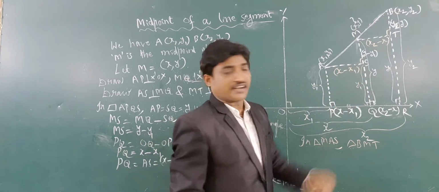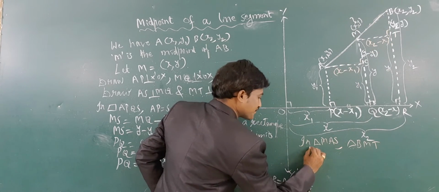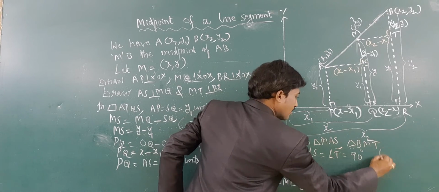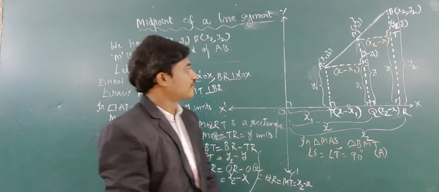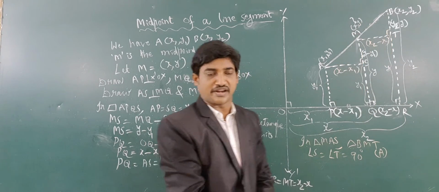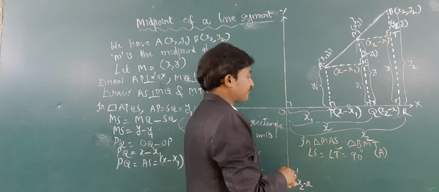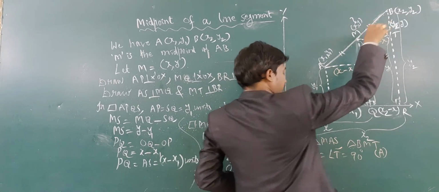If we observe these two triangles, angle S is 90 degrees, angle P is 90 degrees. Angle S is equal to angle P, equal to 90 degrees. That means one angle is equal in these two triangles. And here it is very clear that MA is equal to MB.